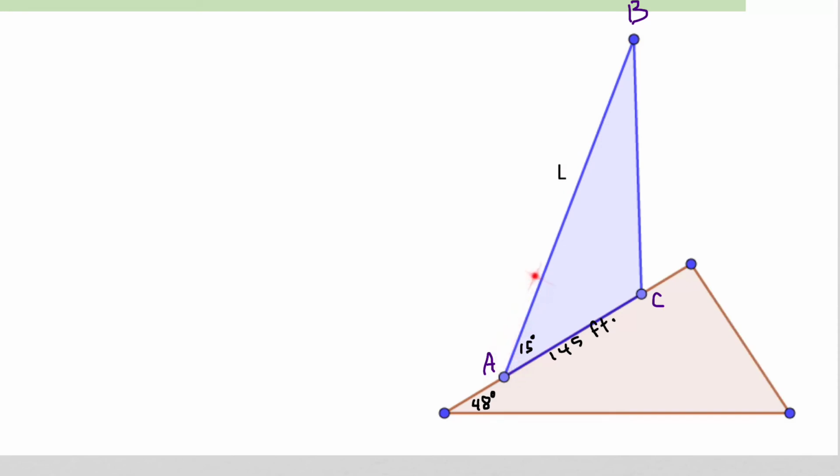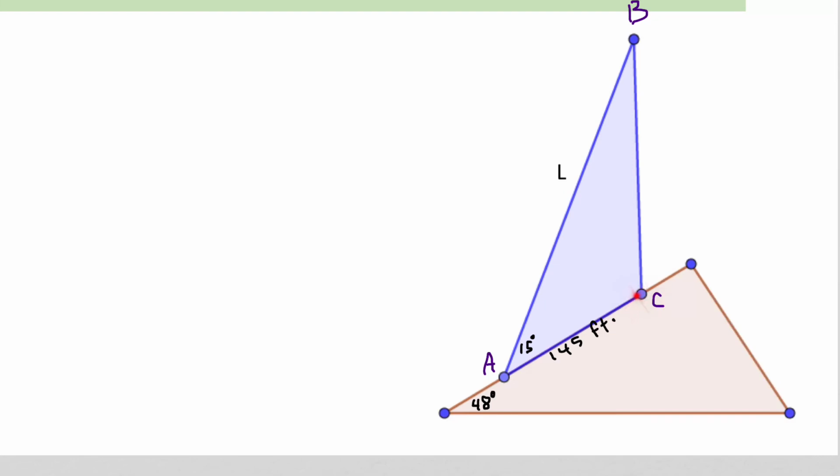I can see that this side L is part of this oblique triangle here, and I know that I have one full side of that oblique triangle and one angle here. Since this side is part of the purple oblique triangle, if I could find some more information about these angles in here, I could set up the law of sines.